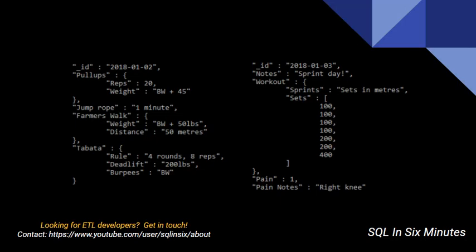In SQL Server, if I was doing this, I would probably have, on the one on January 2nd, a workout ID and a date. Then the workout ID would link to a table that is structured with weight and reps, and then an exercise ID, and the exercise ID would link to a lookup table with what these exercises are.